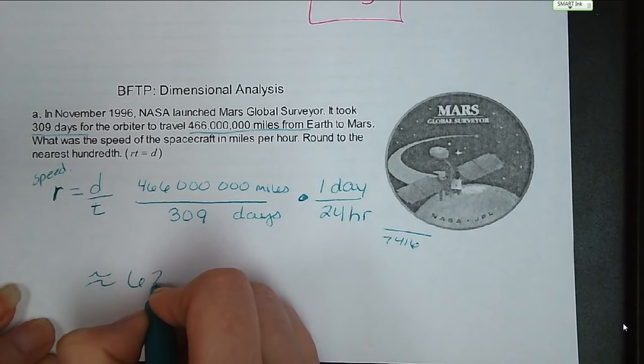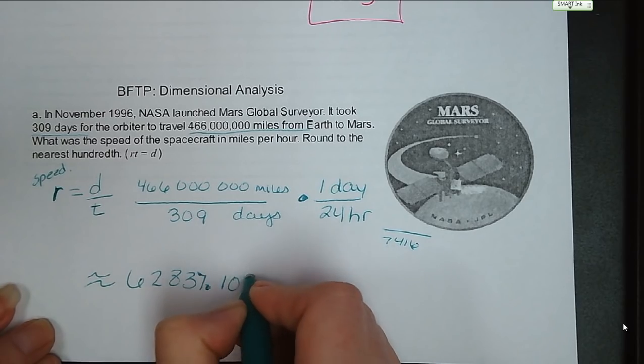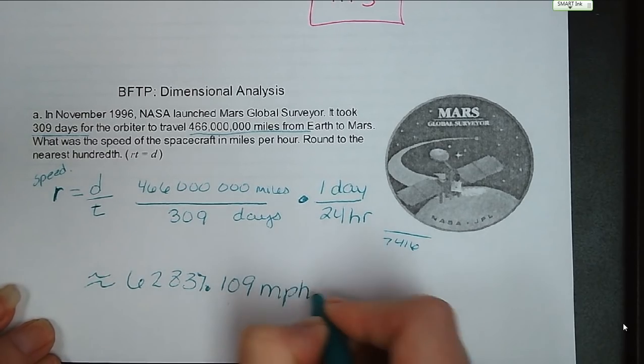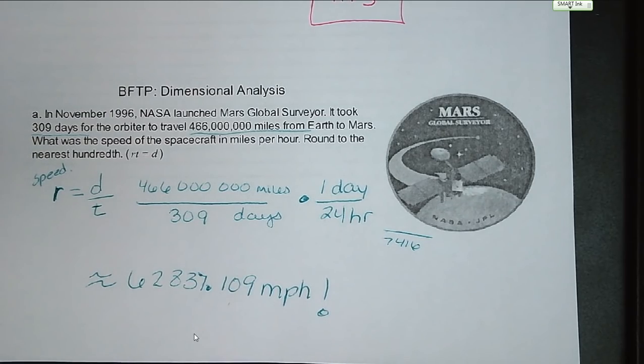And you get 62837.109 miles per hour. So 62,837 miles per hour.